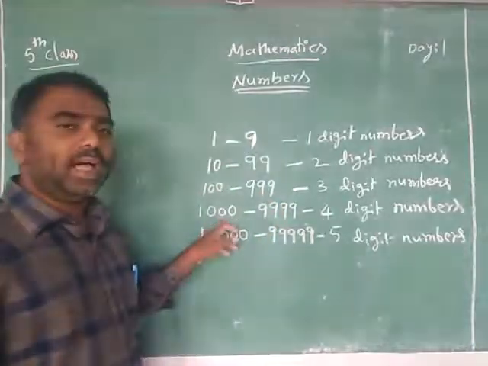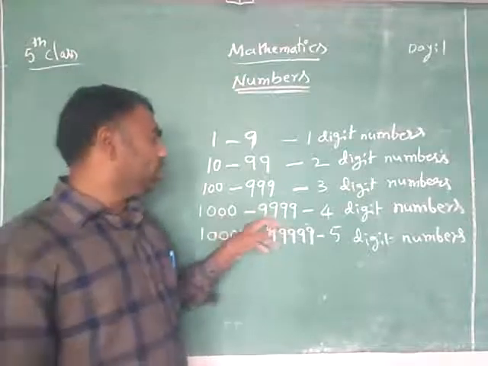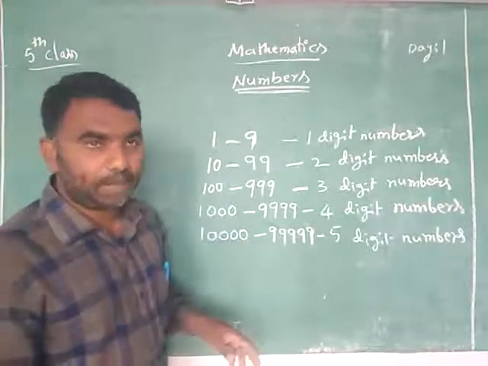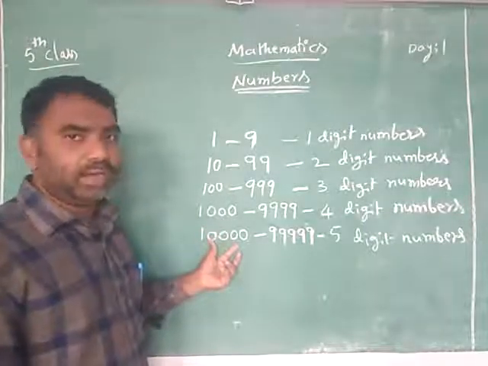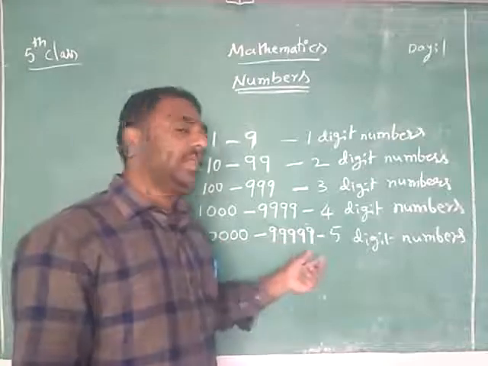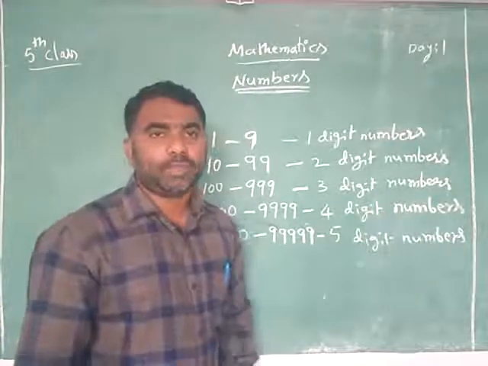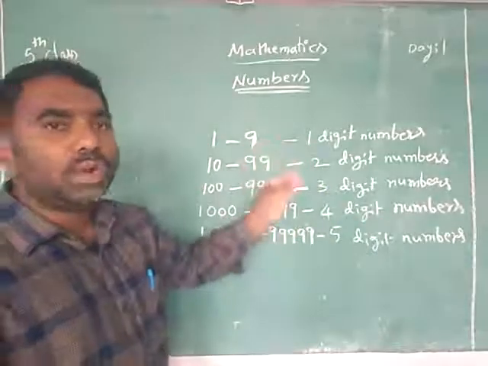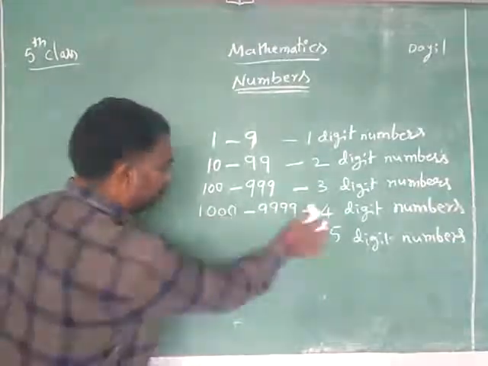And 1000 is the smallest 4 digit number. 9999 is the biggest 4 digit number. 10,000 is the smallest 5 digit number. 99,999 is the biggest 5 digit number. So this is about the different digit numbers: 1 digit, 2 digit, 3 digit, 4 digit and 5 digit numbers.